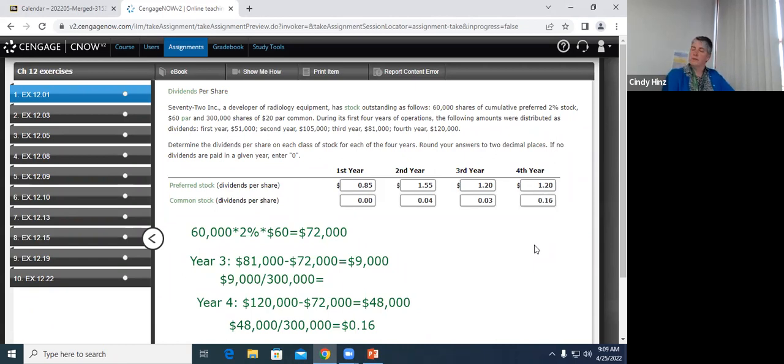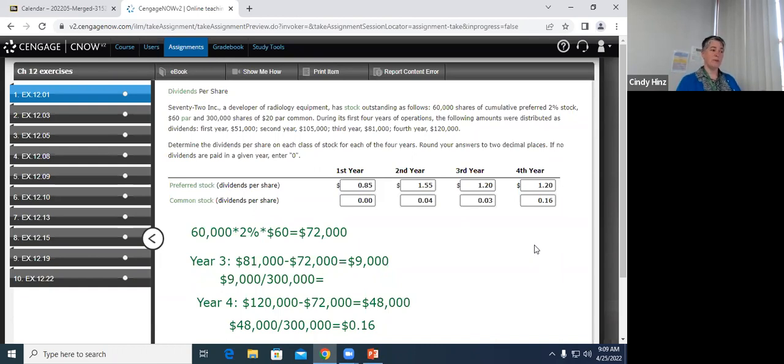And so we pointed out in class last time, why would you want the common stock when you look at the preferred stock and see not only do they get their dividends first, but they also get, at least in these first 4 years, substantially more than the common shareholders do. And so what we mentioned about that was there's probably not an equal market value for the preferred and the common stock.